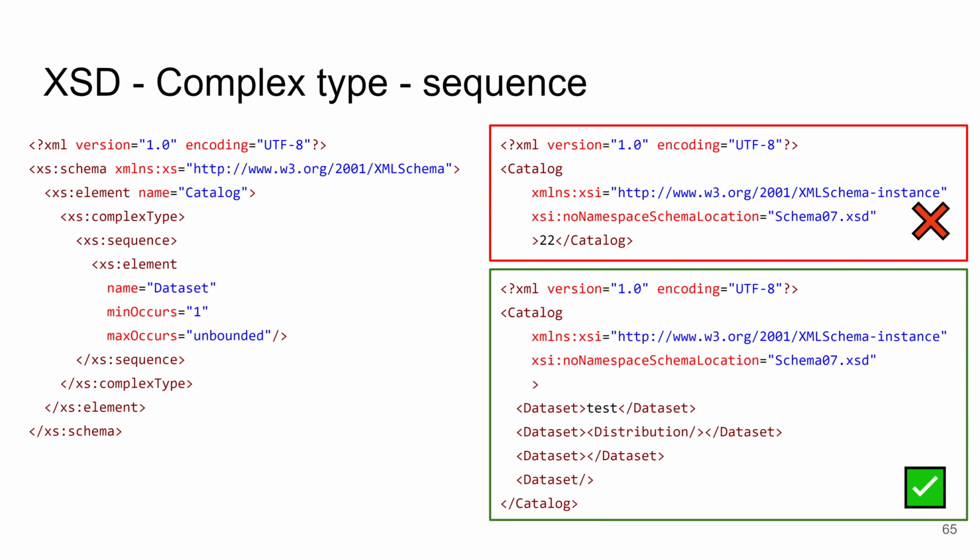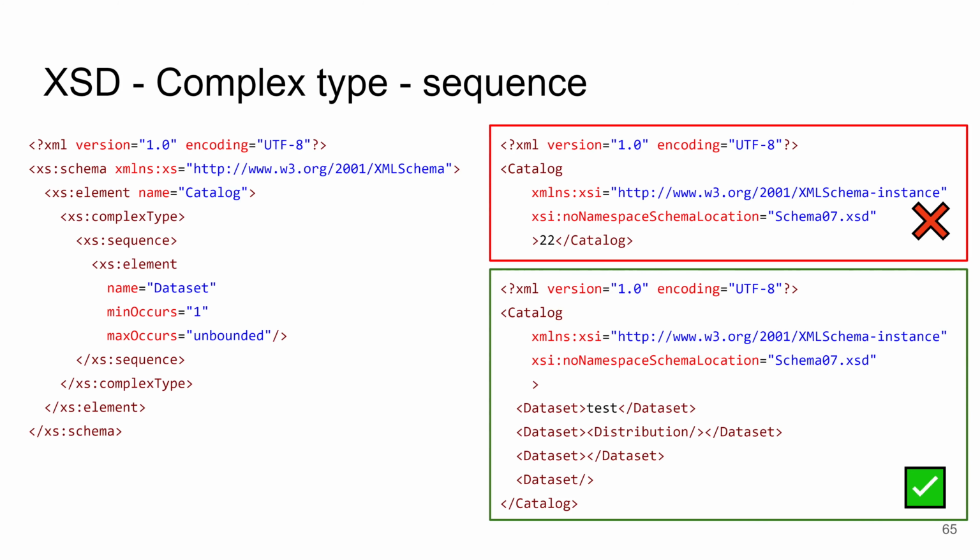So here the first document is invalid because it doesn't have a complex content, it has just a simple 22 number there. But the second document is valid because it has 4 dataset elements. One contains a text, one contains another element, one is empty, and the last one is also empty, but using the syntactic shortcut for an empty element tag.